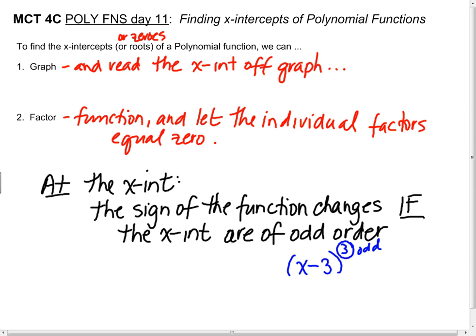That means my function is going to go from negative to positive across the x-axis at 3, or it's going to go from the positive side to the negative side at 3, because it's an odd order. So it cuts across the x-axis at that x-intercept if it's of odd order.